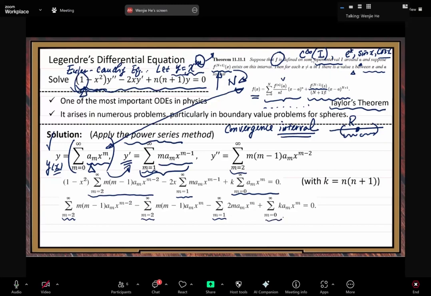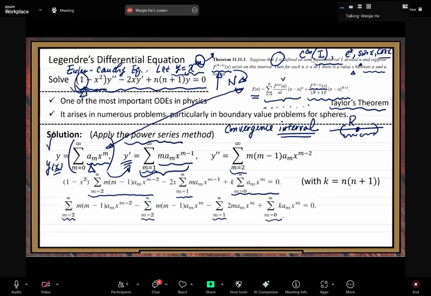Because you want to combine the terms within those summations, if the starting points are different, then you need to do some special treatment.